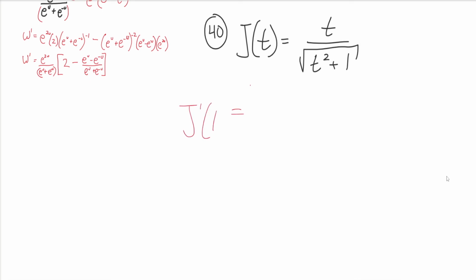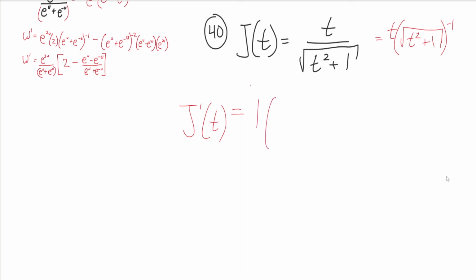J prime of T is, let's do it as T times the square root of T squared plus 1 to the -1. And so what do we get?